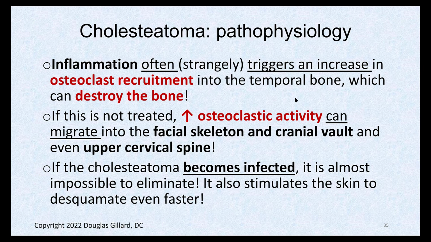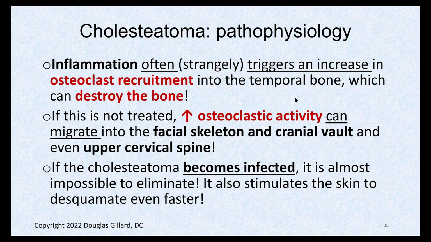Because not only does it destroy the ossicles, the auditory ossicles, but another weird thing, that inflammation tends to recruit osteoclasts into the adjacent bone. And we don't understand the mechanism of that, but we know what osteoclasts do. They destroy bone.